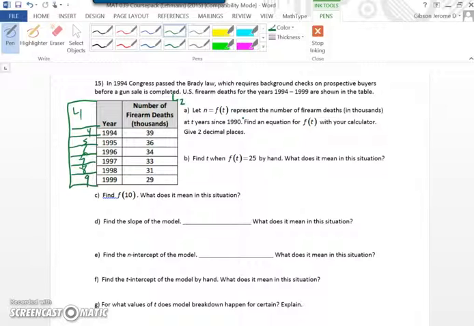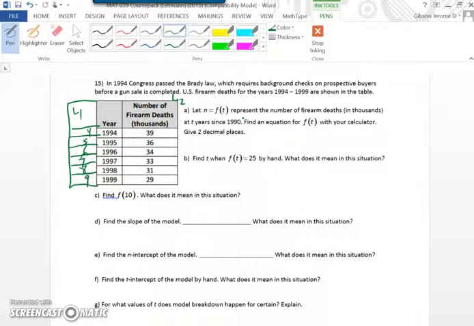Press stat, go up to L1, press clear to get rid of the values you had in already, and then go to L2 and press clear. Then we can type in those values, 4, 5, 6, 7, 8, and also 9. Now we press the right arrow to L2.